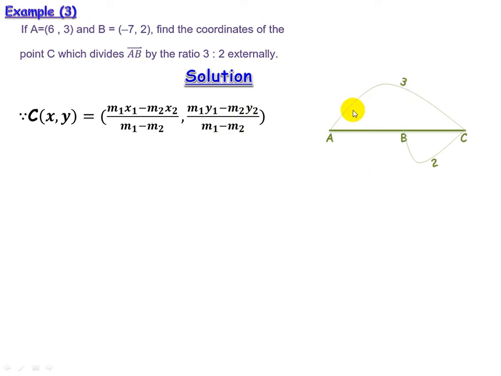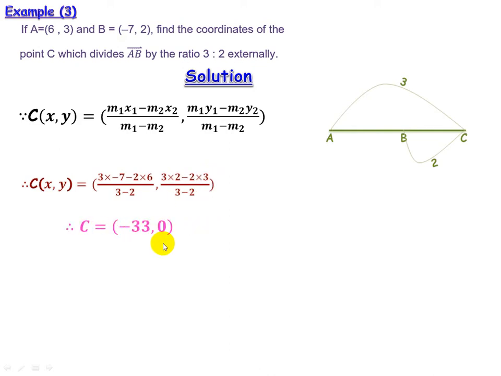If M1 is 3, M2 is 2, the point x1, y1 is B, and the point x2, y2 is A. So 3 times negative 7 minus 2 times 6 over 3 minus 2, 3 times 2 minus 2 times 3 over 3 minus 2. So C will be (-33, 0). This is the point which divides AB externally by the ratio 3 to 2.